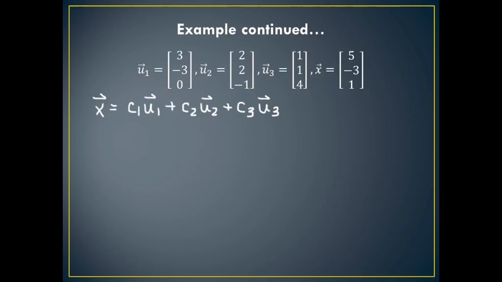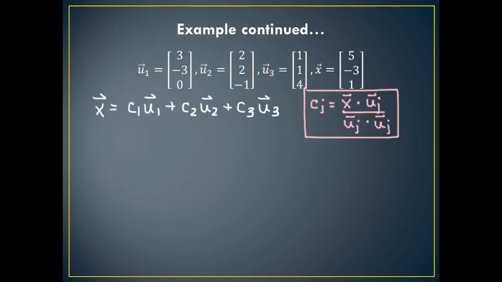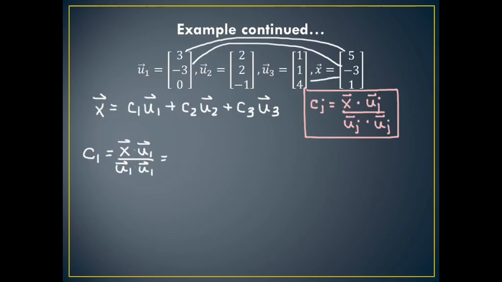So x equals c1 u1 plus c2 u2 plus c3 u3. We also have the fact that c sub j equals x dot u sub j over u sub j dot u sub j. That's Theorem 5 that we just went over. So I'm going to use that. I'm going to say c1 equals x dot u1 over u1 dot u1.